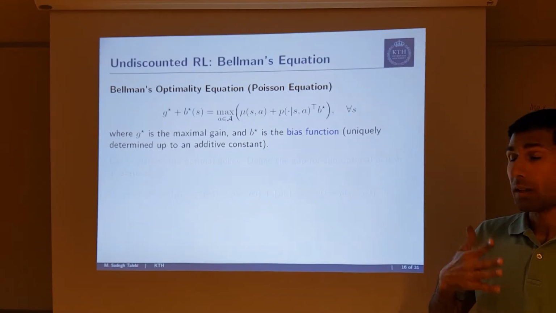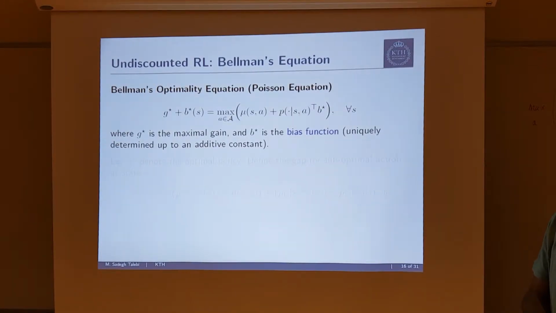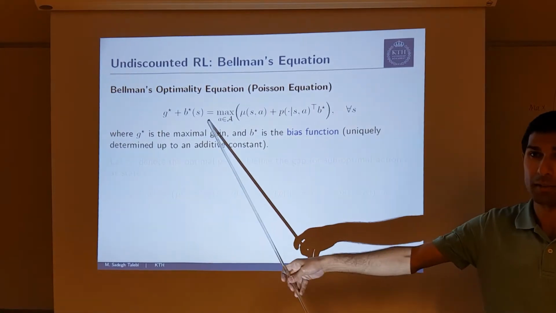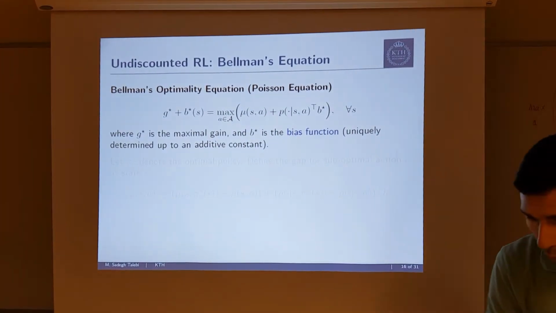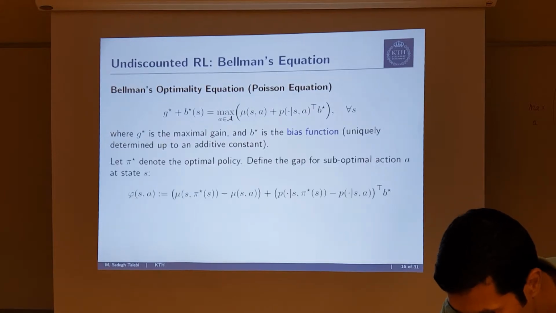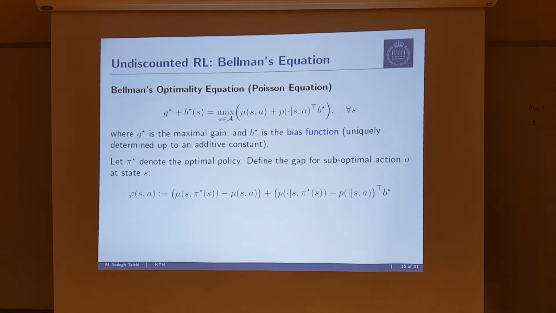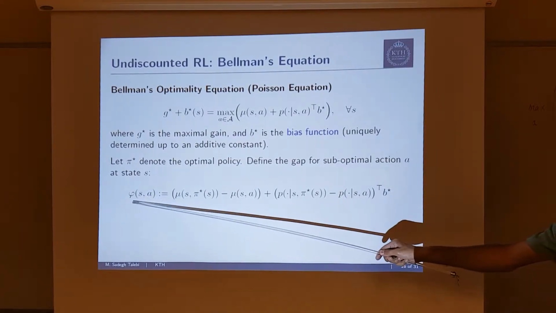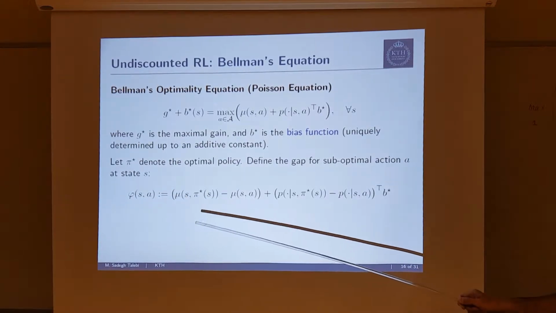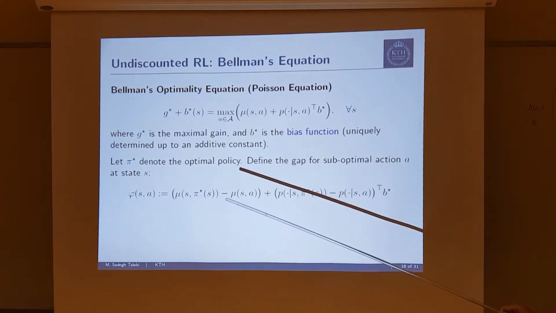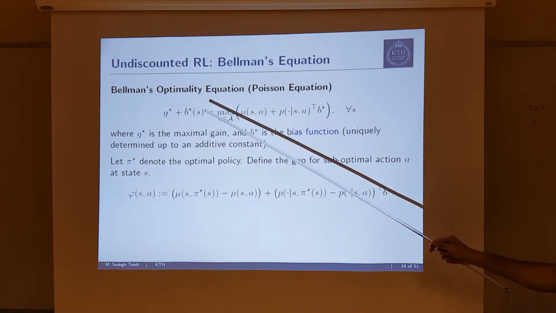But when we talk about learning, we talk about an MDP that is governed by this Bellman optimality equation. So we introduce this to introduce further relevant quantities. One relevant quantity is the gap phi of SA, which is defined in view of this Bellman equation.